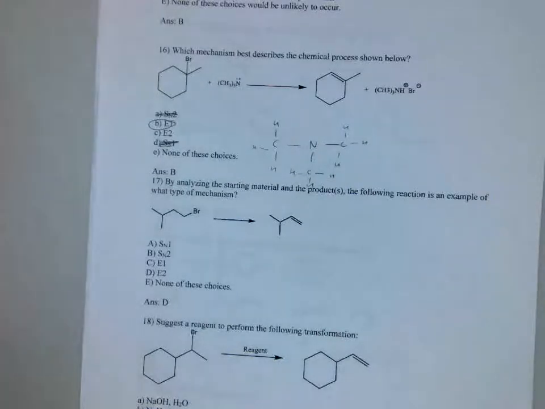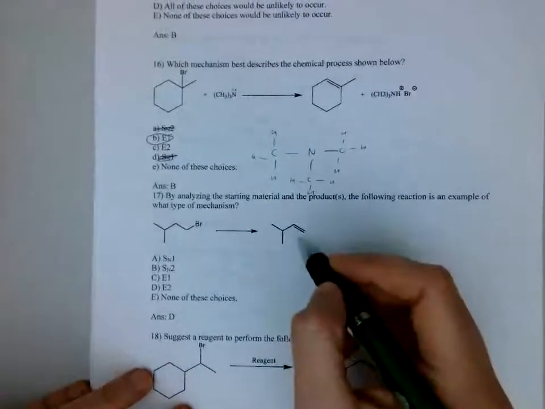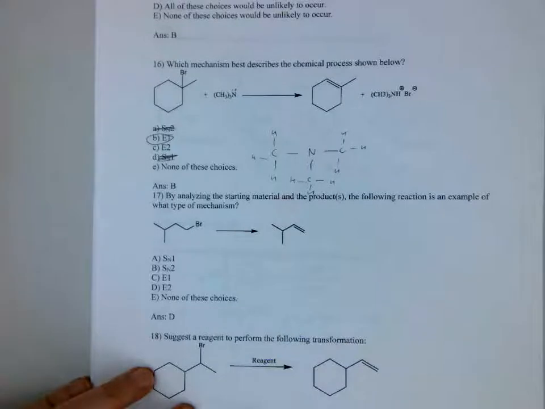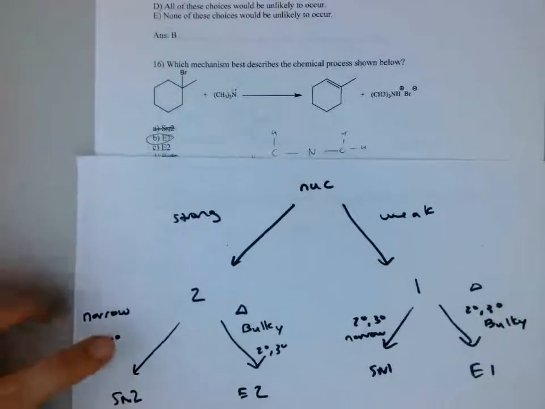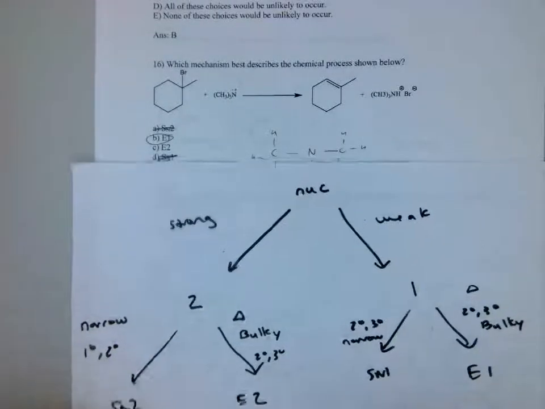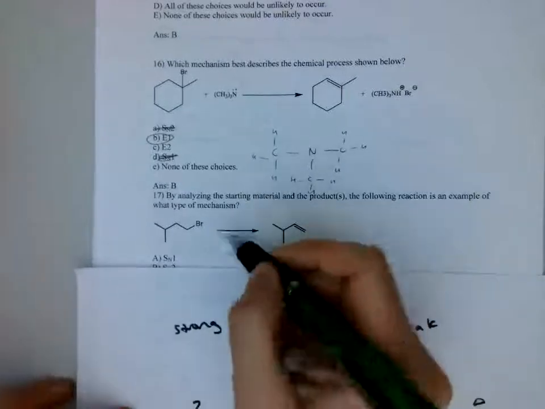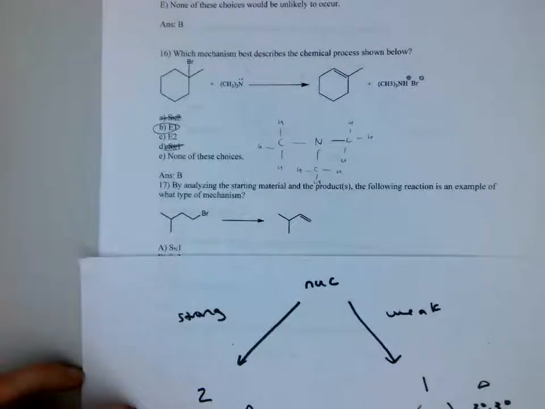Okay, by analyzing the starting material and the products, the following reaction is an example of what? Well, again, we know it's an elimination, so we're really just trying to decide, is this an E2 or an E1? We don't have a nucleophile to look at, which stinks, but there's another way.